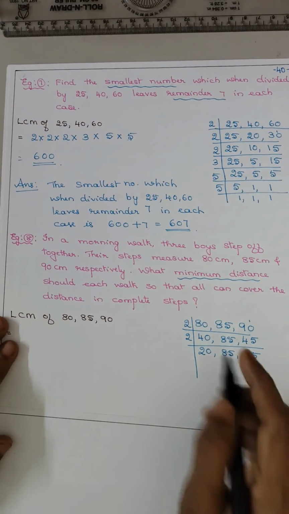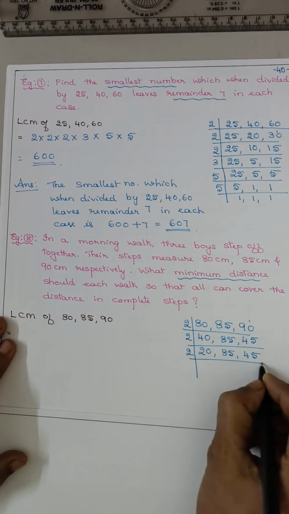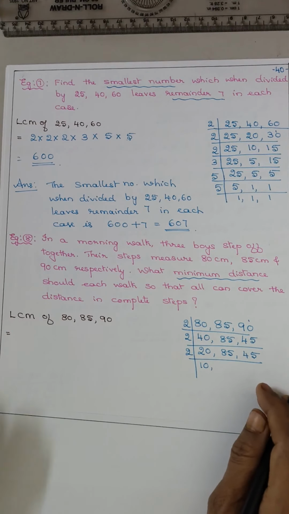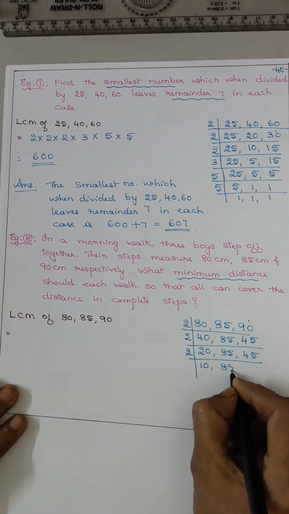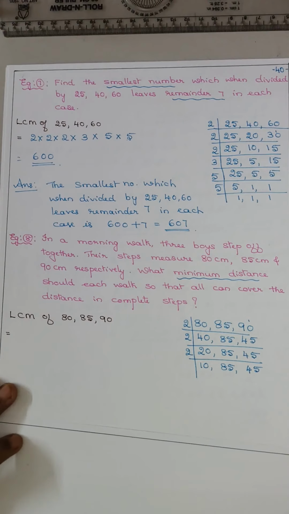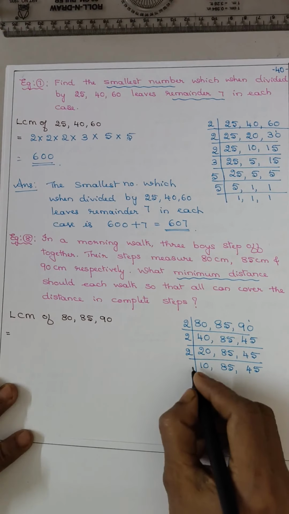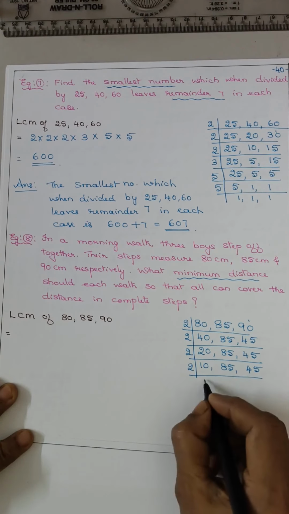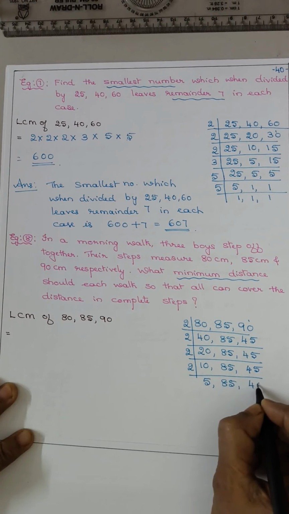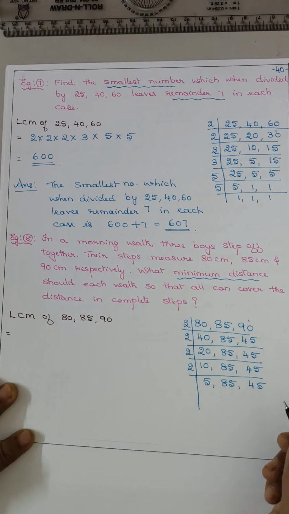Next it is again 2, 2 10s are 20. Now 85 as it is, 45 as it is. Next again 2, 5s are 10, 85, 45. Now divisible by 2 over.